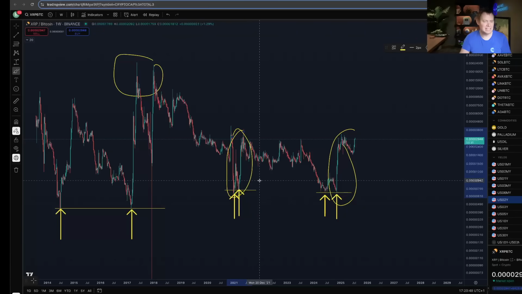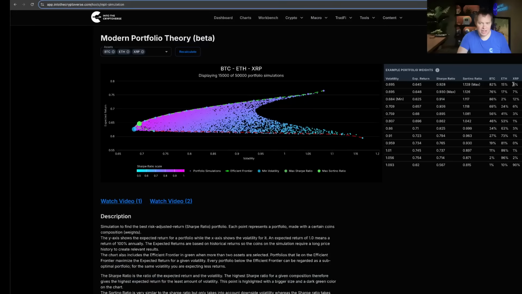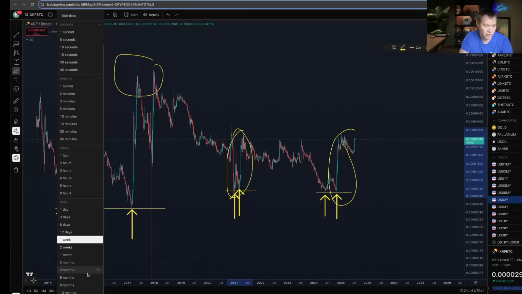But the reality is that the XRP Bitcoin valuation hasn't even been anywhere close to its highs from 2017 and 2018. And it's been 8 years. That's why it only suggests single digits for that cryptocurrency. Because yes, it's done well recently, but this is not just based on what it's done this year. It's based on what it's done every year since 2015 in this case.